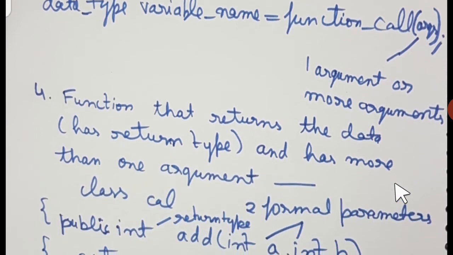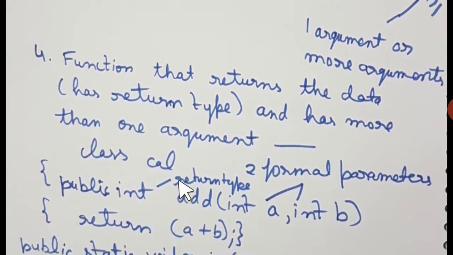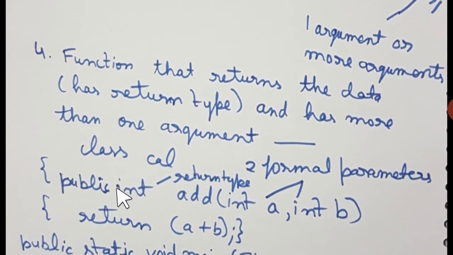Students, after that we have a function that returns the data, that means has a return type, and has more than one argument. Earlier it was returning the data with one argument, now there are two arguments. Now here you see class cal again I have taken, then public int, return type is there because the data to be returned is of int type. It performs the sum of two integers, so definitely the result will also be of int type.